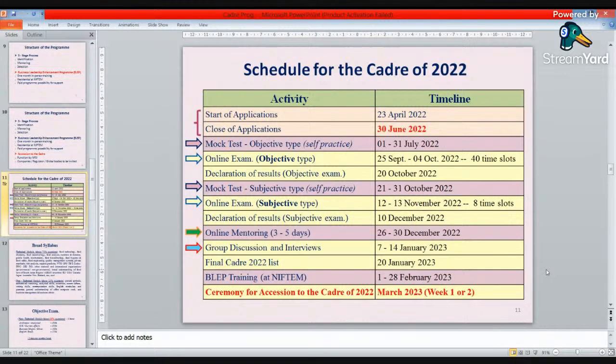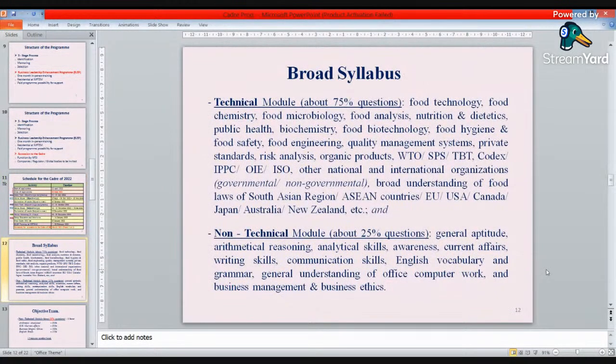All right. This is the broad syllabus. You can see the detailed syllabus on the website of Nestle Food Safety Institute and NIFTEM. Focus on issues relating to WTO, SPS, Codex, national and international organizations, both governmental and non-governmental.